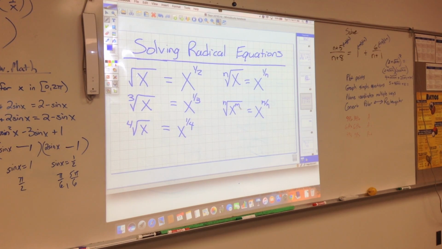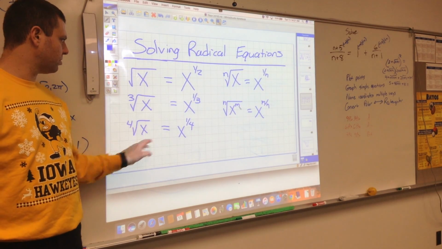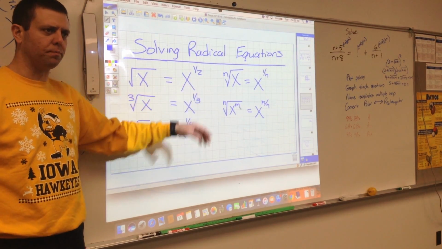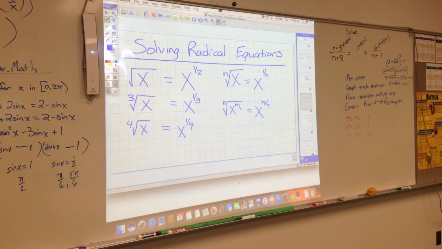Okay? So that's just a quick refresher. You guys did this in Algebra 1. You worked with all of your exponent rules. We converted from radicals to fractional exponents and back and forth. Okay? I'm sure you guys all remember that like it was yesterday.